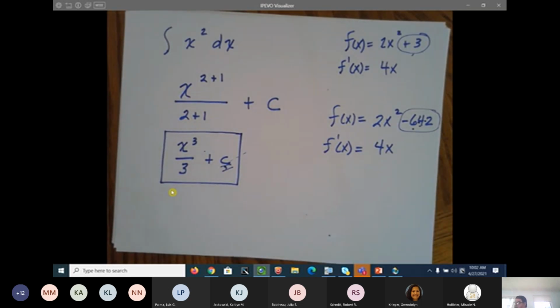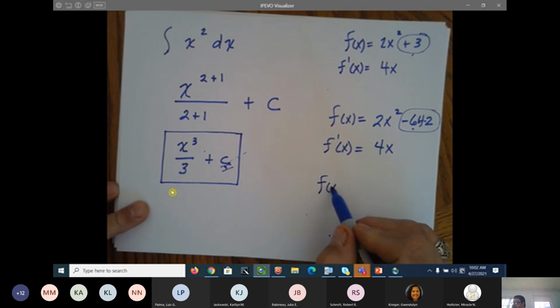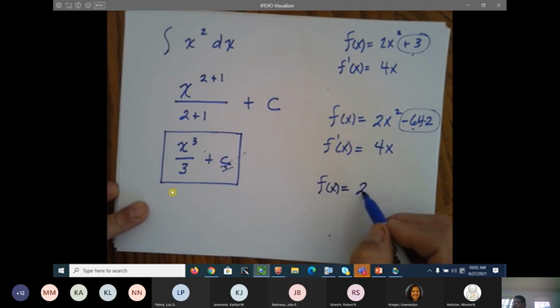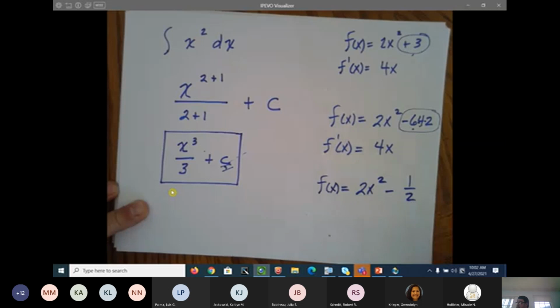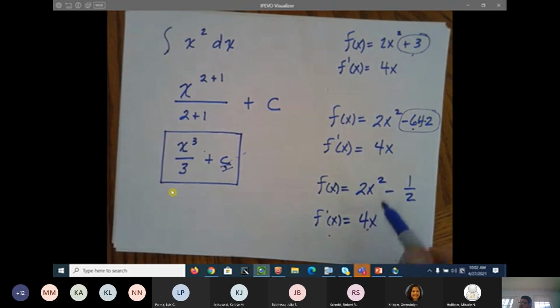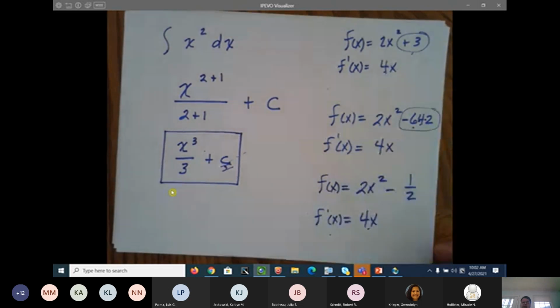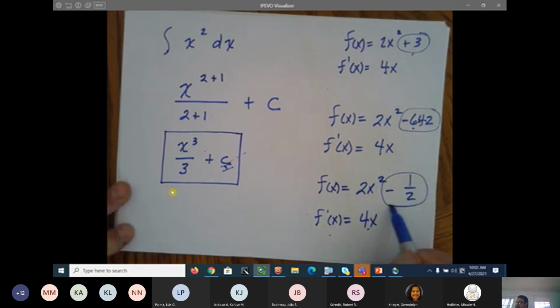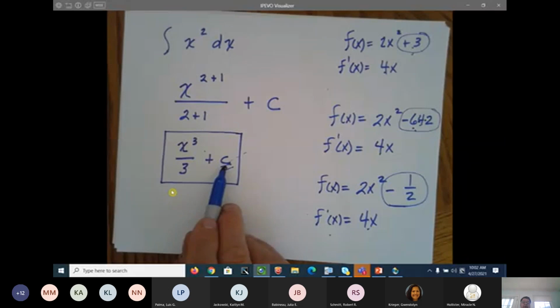See, if I give you another one, f of x is equal to 2x squared minus 1/2. f prime of x is still equal to what? 4x. So I've got the family of 4x covered, but I don't know what this next constant is. So that's why, in theory, I have to put a C there.